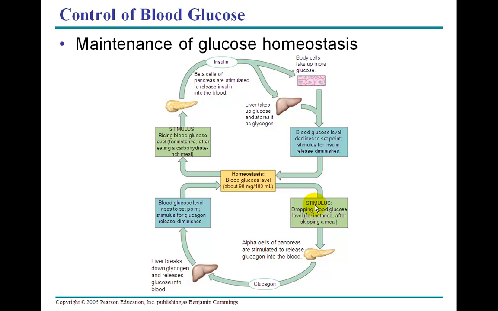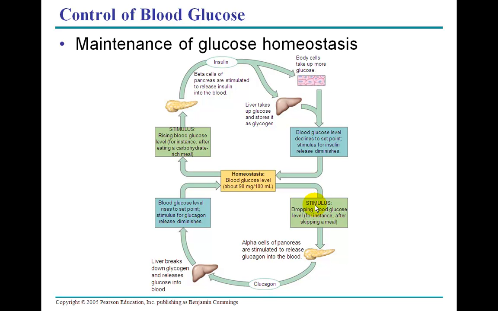We're going to go through this chart as well. This is more feedback loops, and this is how the body is sensing in the pancreas, continually monitoring the amount of glucose that's in the blood. With too much glucose in the blood, the pancreas is going to release insulin from the beta cells. They're stimulated to release insulin into the blood, and the insulin is going to direct body cells to take up more glucose and store it in the form of glycogen, and it does the same thing with the liver.